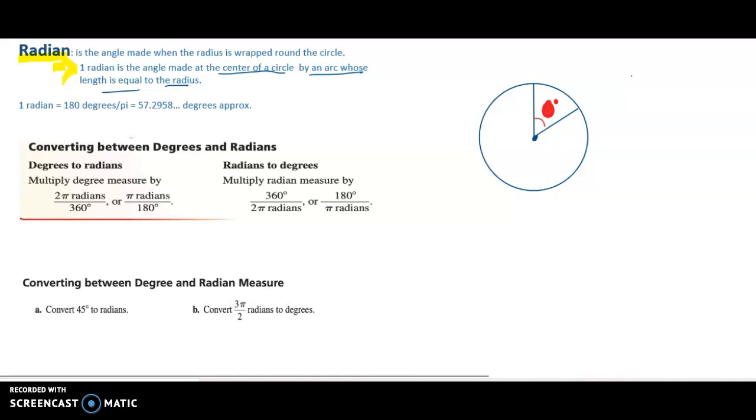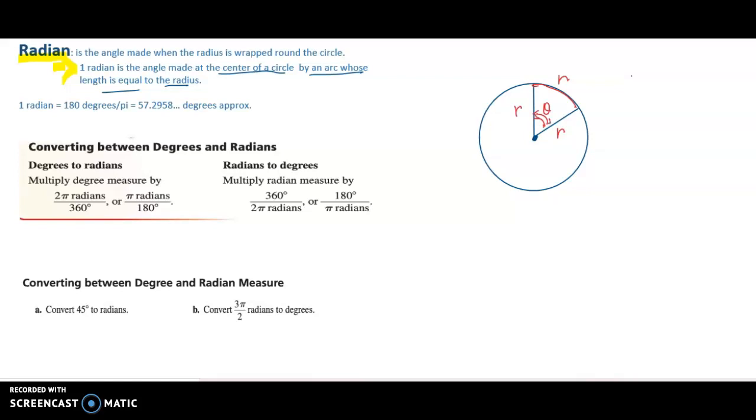I didn't like the way I wrote it, let me rewrite it. Okay, theta. That means this is also radius. This is radius, right? From the center to any point on the circle. And also this arc length is equal to the radius. When this happens, then this is called 1 radian.